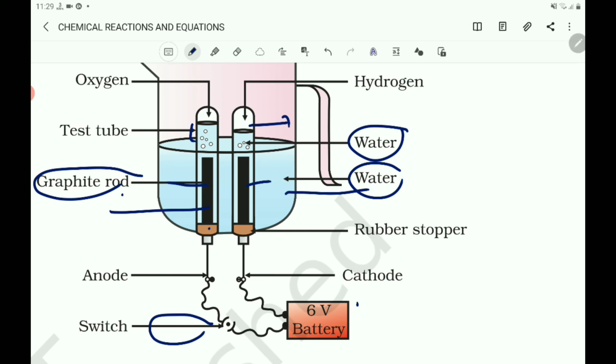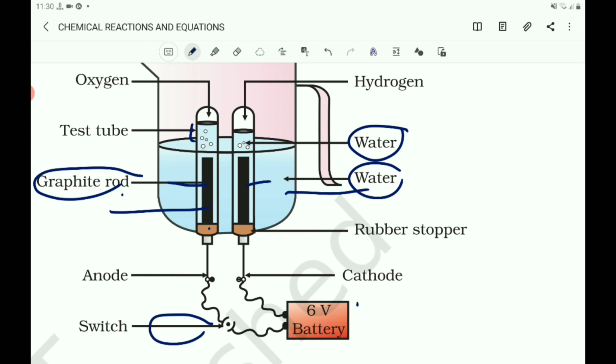Here you see that the quantity of water goes on decreasing. Observe whether the volume of the gas collected in both test tubes is the same or not. The volume of gas collected in one test tube is double the other.